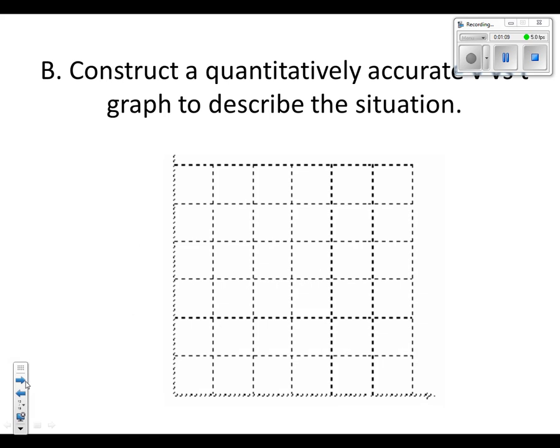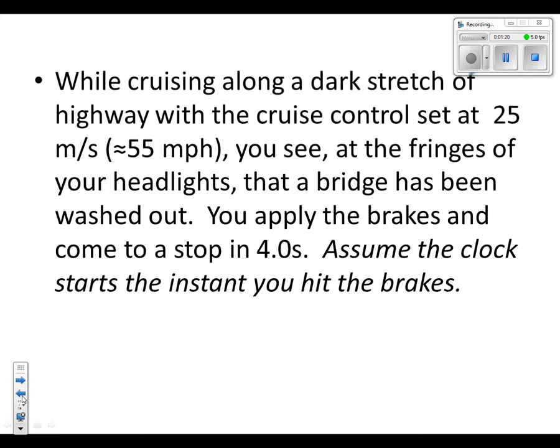Again, that's our review. Now we're going to construct a quantitatively accurate v versus t graph. When you're solving these problems, you're going to use your graphs, and we'll also use the equations. So you're going 25 meters per second, and you come to a stop in 4.0 seconds.